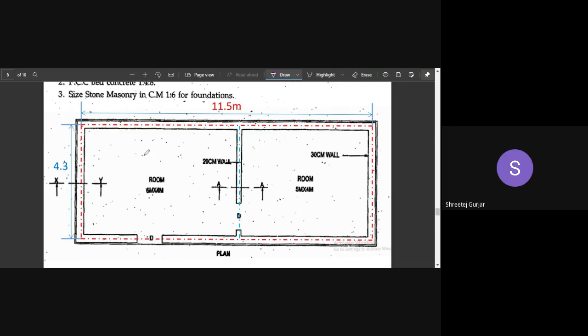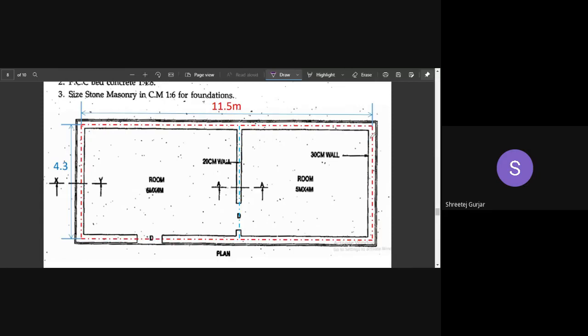Okay, so I have also calculated the center line length of my long wall and the center line length of my short wall. How I've done it: this is a 30 centimeter wall, so half of it is 0.15, plus the length of this room, that is 6 meters, plus 0.2 meters, the thickness of this 20 centimeter wall, plus the length of this room, that is 5 meters, plus half of this 30 centimeter wall, that is 0.15.